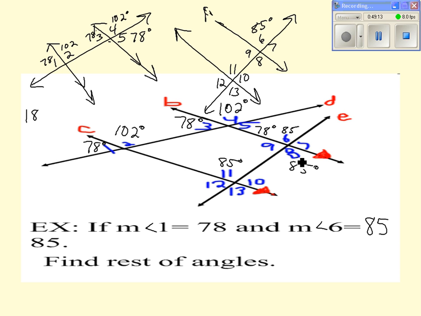So they form that Z. 13 and 11 are vertical angles, so that's 85. 9 is 95 because 6 and 9 have to add up to 180. 11 and 9 also have to add up to 180. 12 is 95. 10 is 95.